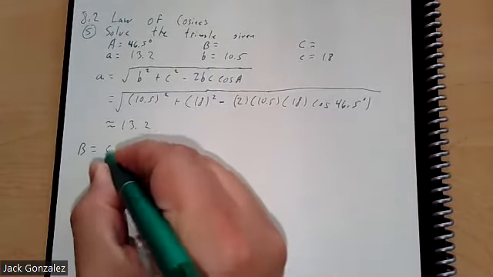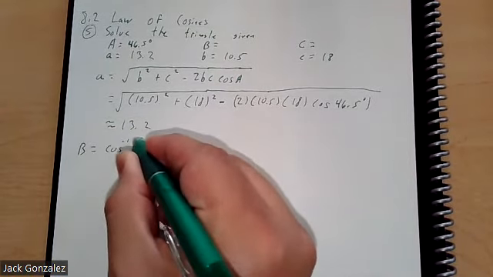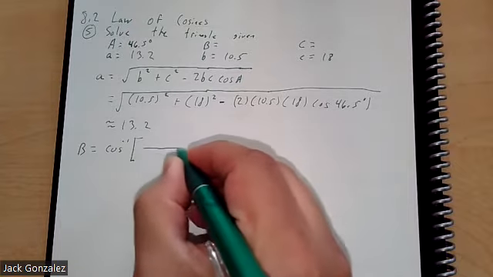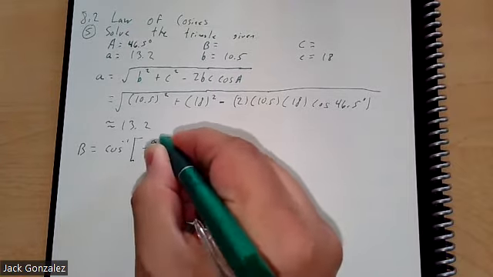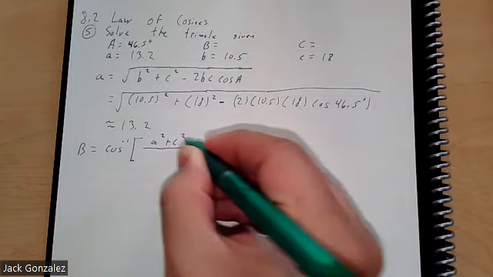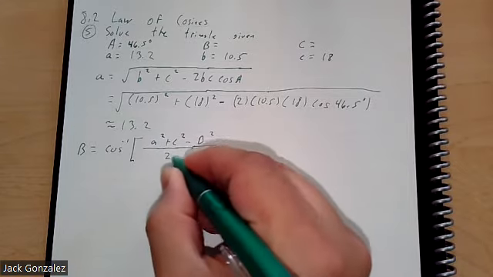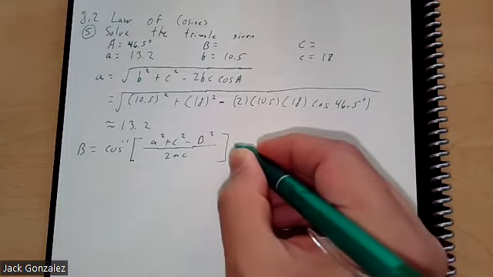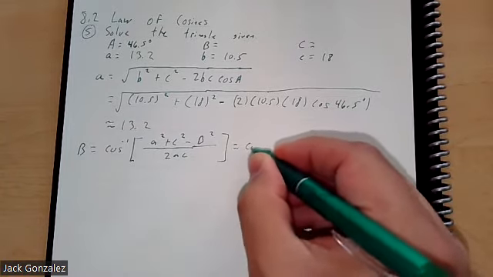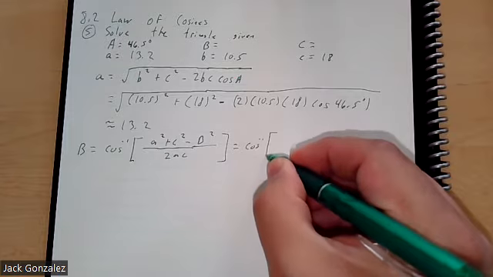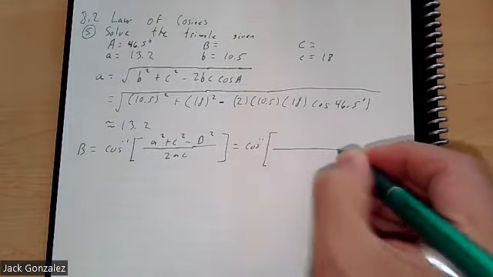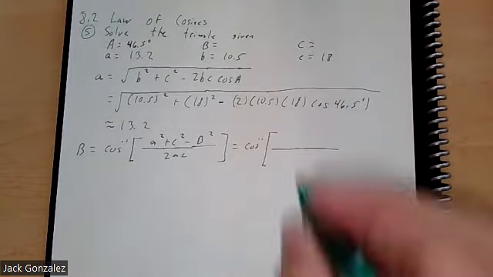So b is equal to cosine inverse. Here's a formula from last time: a squared plus c squared minus b squared over 2ac. I plug everything in.